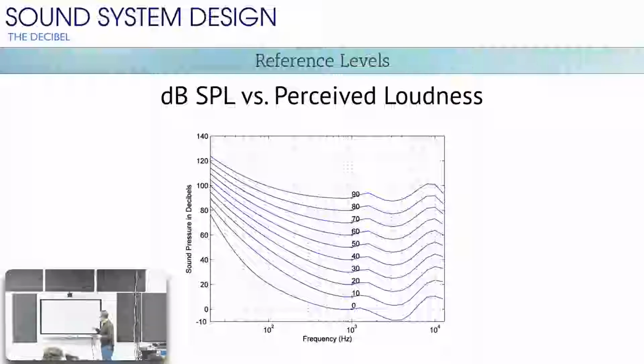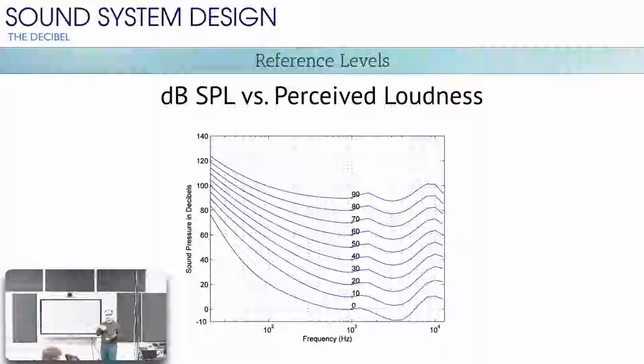So the point we're trying to drive home here is that when we start talking about dB SPL, or dB sound pressure level, we can, because we have agreed on that reference level of 20 micropascals that equals 0 dB SPL, now we can use decibels to talk about actual sound pressure values.